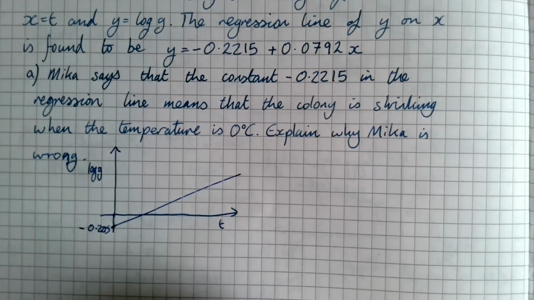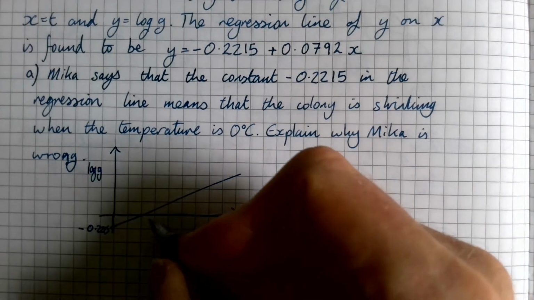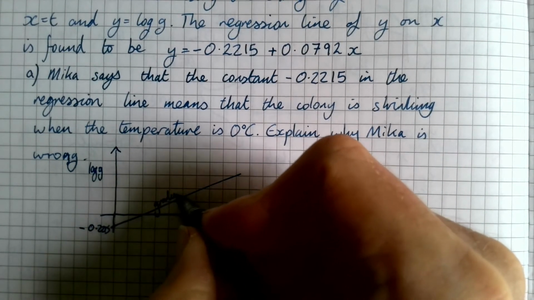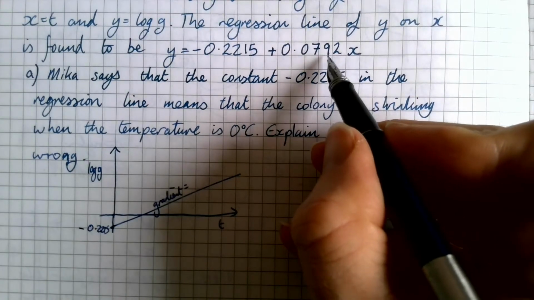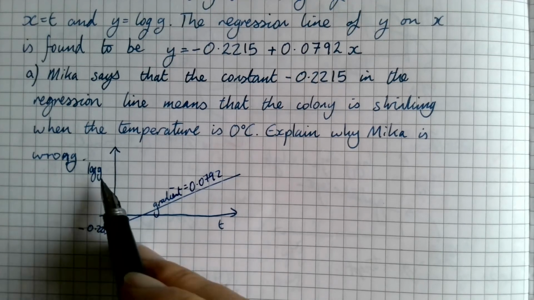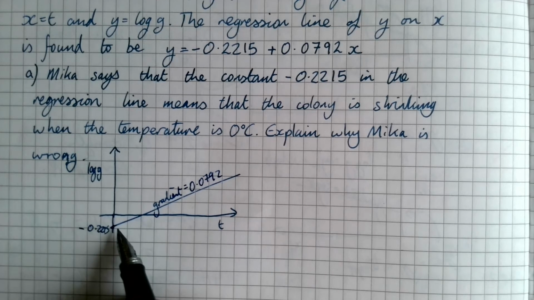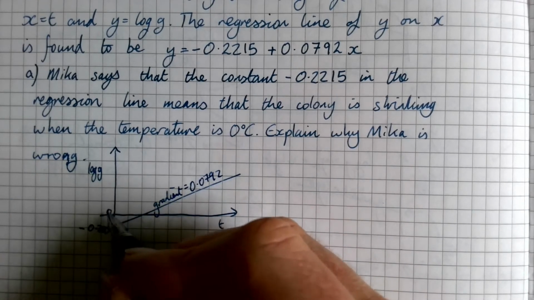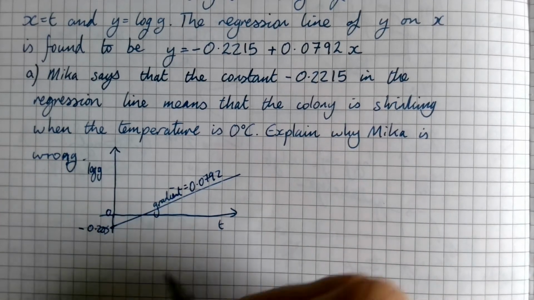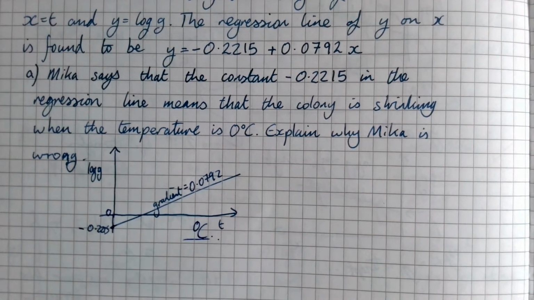So there's my straight line, and the gradient of that line is going to be 0.0792. Now because g is the growth rate, and that's negative, that's why Mika's saying that the colony is shrinking at the beginning, and the beginning is when the temperature is 0, because we're talking about degrees Celsius there. So that's why he thinks it.